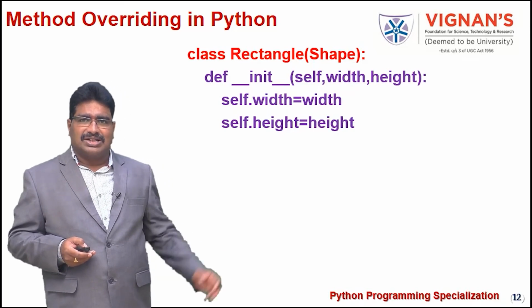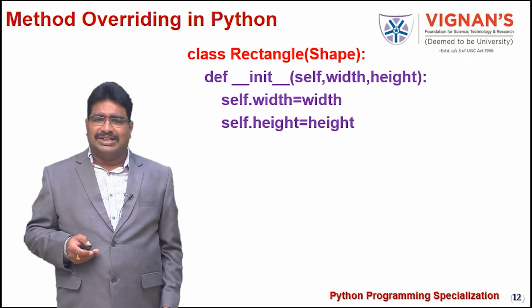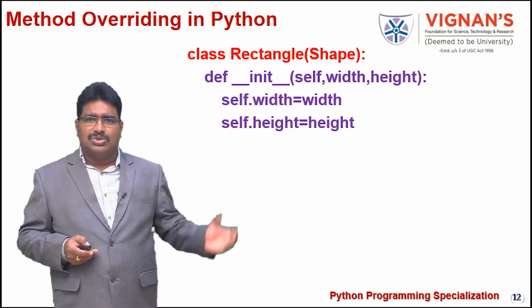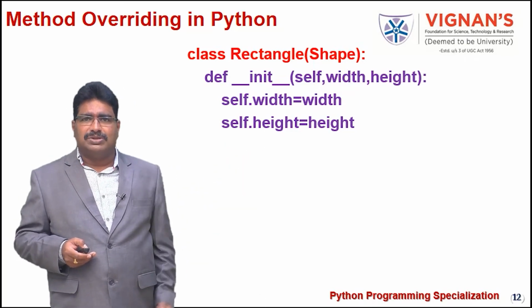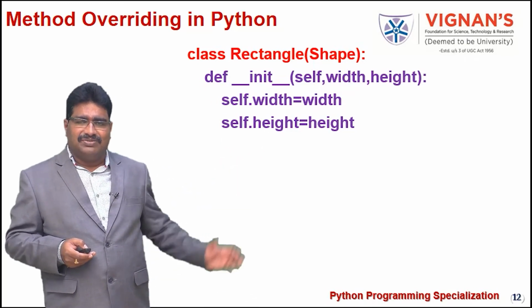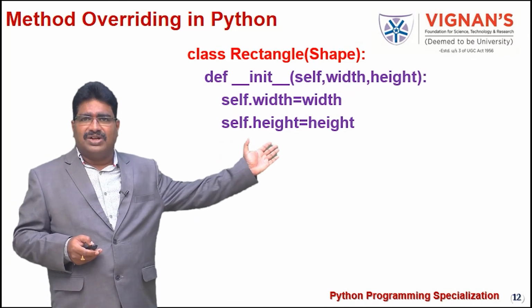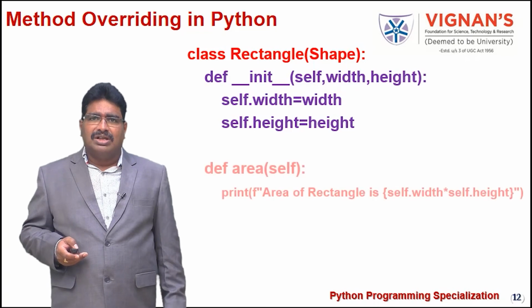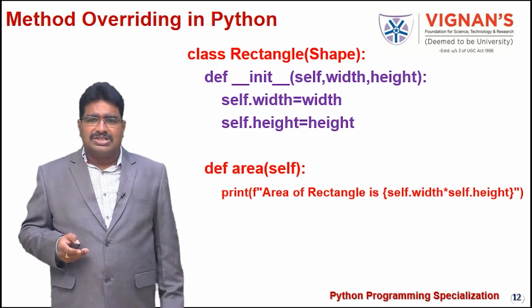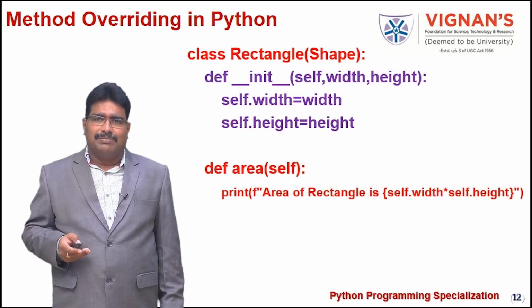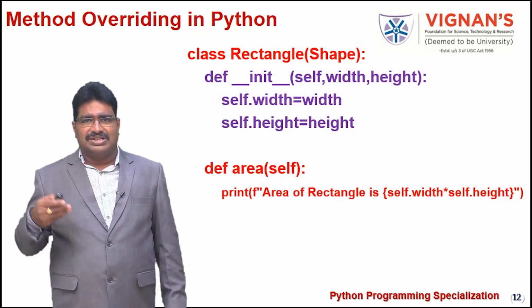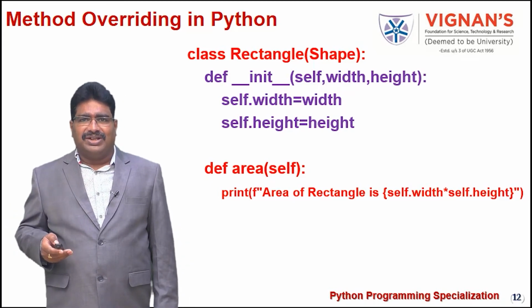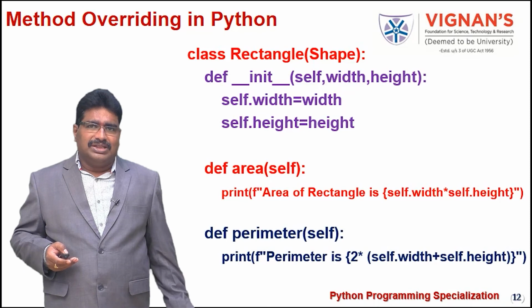For that reason, in the constructor we pass width and height as parameters, and assign them to the object variables: self.width is equal to width and self.height is equal to height. Based on this, every rectangle object has two data members, width and height. Now we define the area of the rectangle.